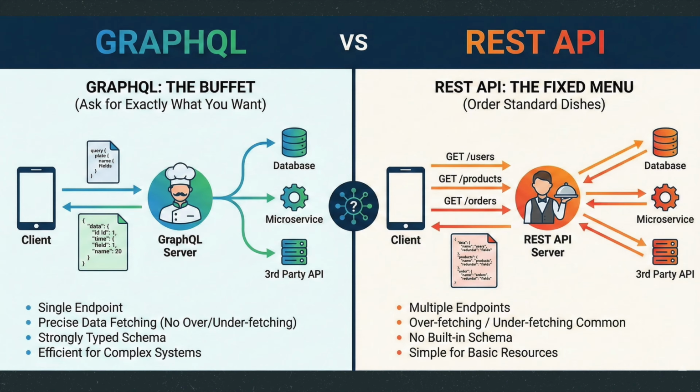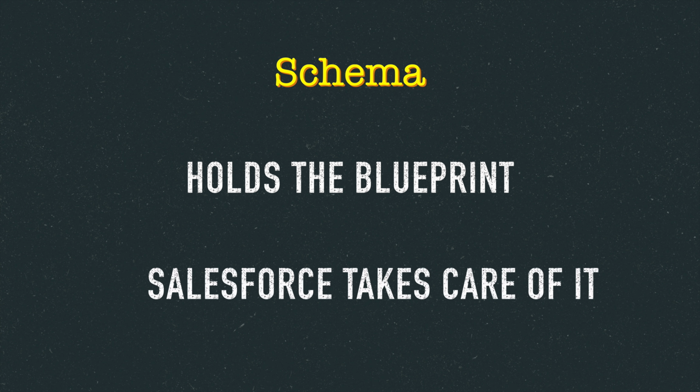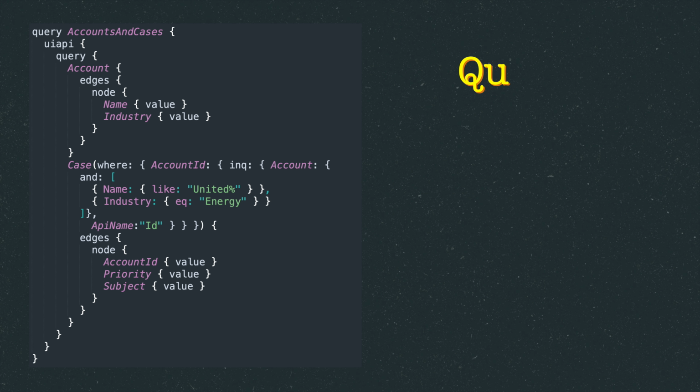GraphQL has a few major components, like the schema, which is a master blueprint that holds all the data available in the API. In terms of Salesforce, Salesforce takes care of it. You don't have to specify anything in the schema. In other technologies, you have to define the schema as well, but here you don't have to. Then we have query.